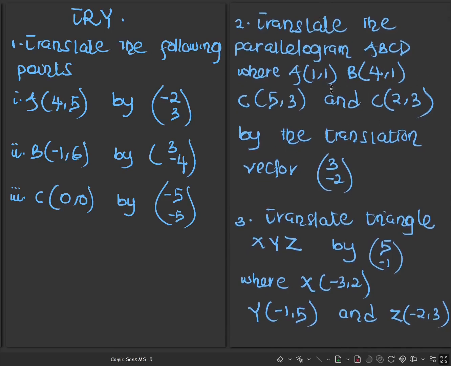So you would have to plot them and then draw your parallelogram, after which you translate them by this vector over here. Then the very last one, you have a triangle. So you plot these triangles with x, y, and z. And then you translate them with this vector 5, -1.